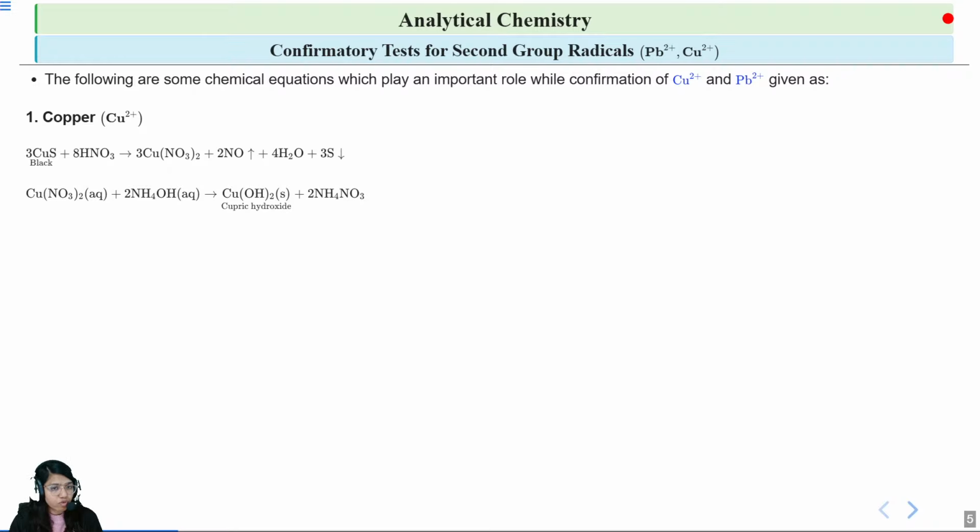Ammonium nitrate is also formed in this reaction. So when copper nitrate solution is mixed with ammonium hydroxide solution, a blue solid cupric hydroxide forms and ammonium nitrate remains in solution. This is a double displacement reaction where the cations and anions are exchanged between the ionic compounds.